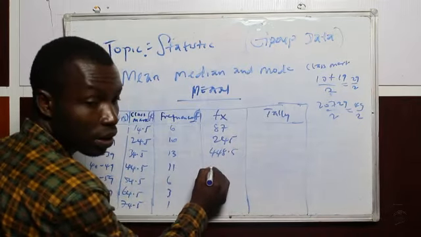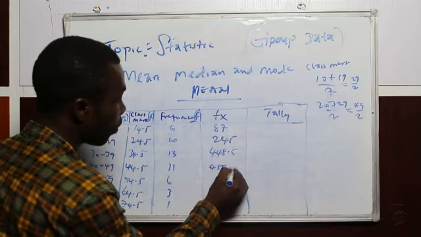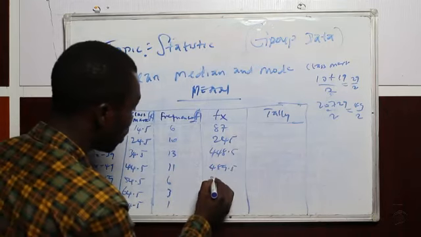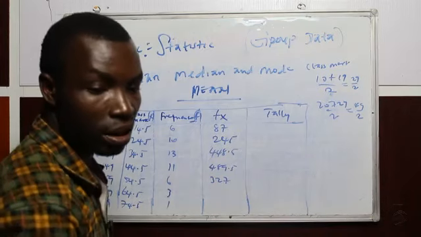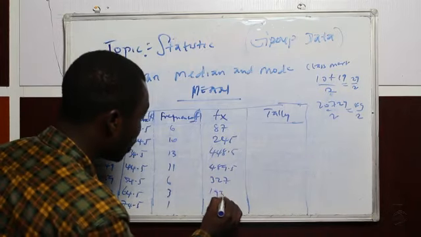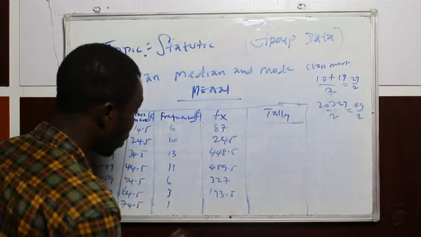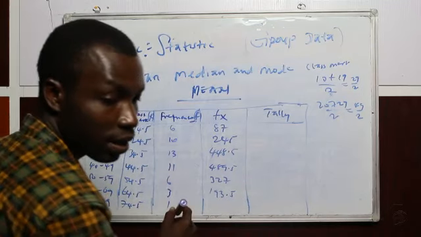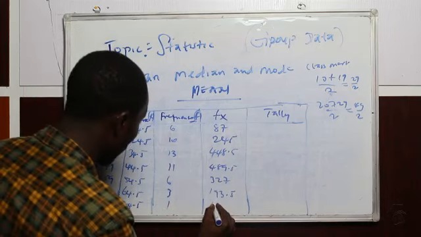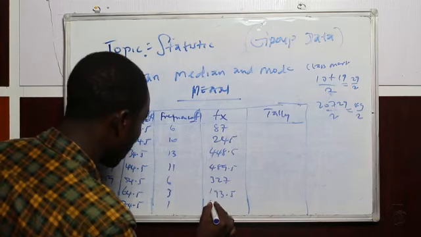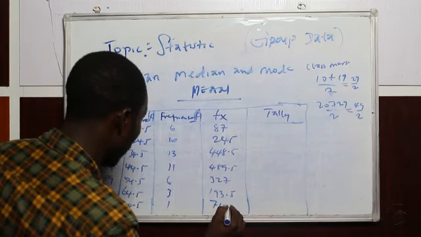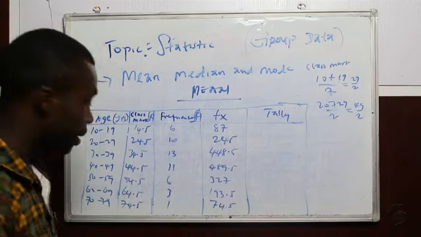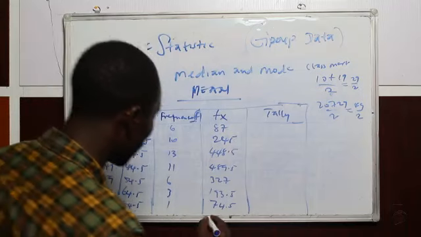Then this will give us 489.5, and this will give us 327. This will give us 193.5, and this one will give us 74.5, that is 1 times 74.5.